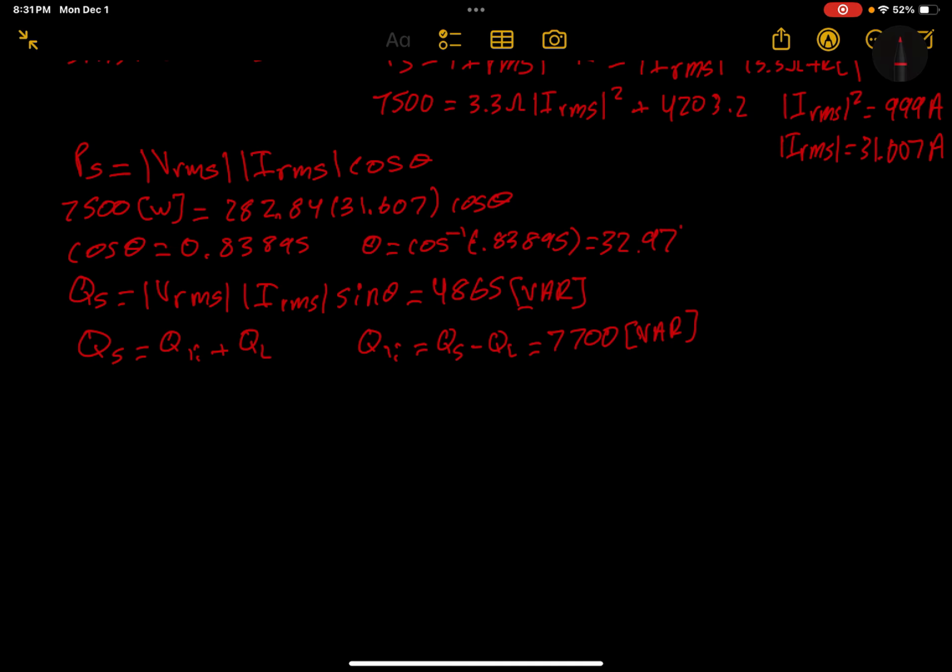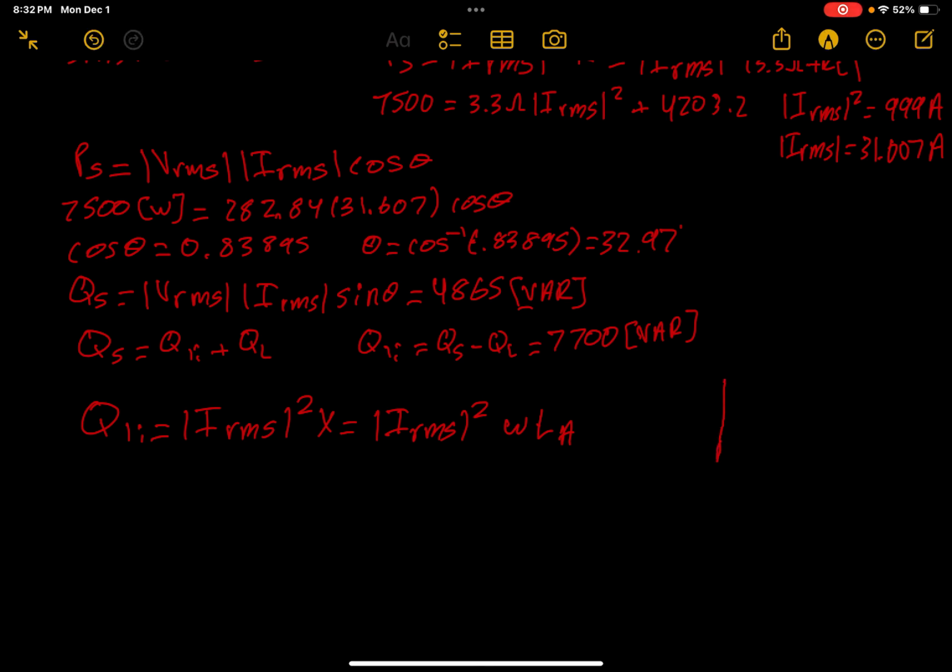And now, using the equation of the reactive power, we can solve for the value of LA using this equation. The reactive power of the line equals IRMS squared times X, and in this case, X can be rewritten as omega L of A, and then the omega is the frequency.